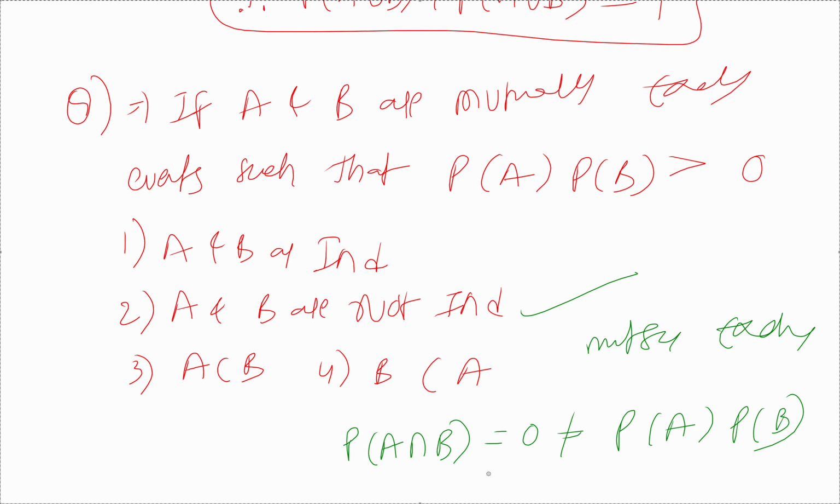If it is not mutually exclusive, probability of A intersection B is not equal to 0, but here probability of A intersection B is equal to 0, so we can say mutually exclusive.